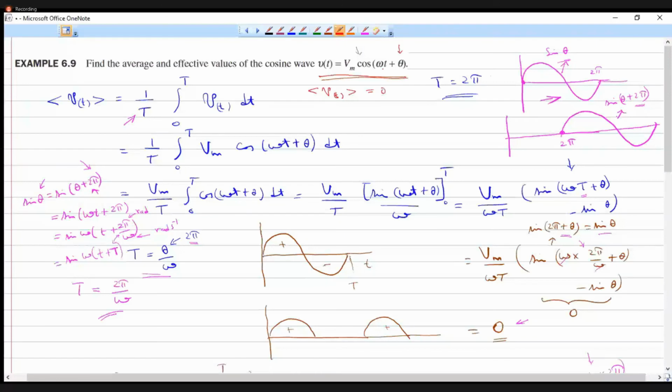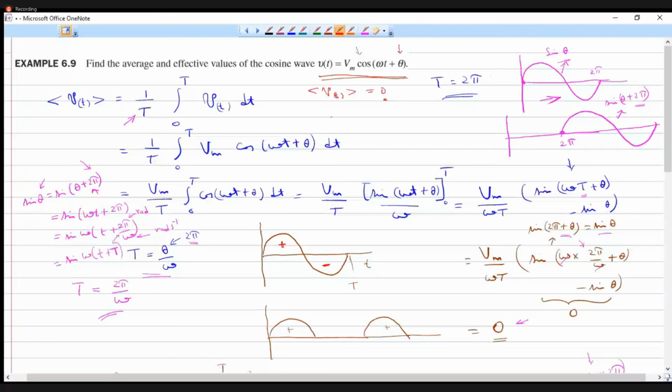So whenever you have a function like v of t equal to Vm cos of omega t plus or minus phi, or Vm sin of omega t plus or minus phi, its average value will always be equal to 0. I have explained that integration is nothing but the summation of the areas under the function, so the positive and negative areas get cancelled and the average value is equal to 0.